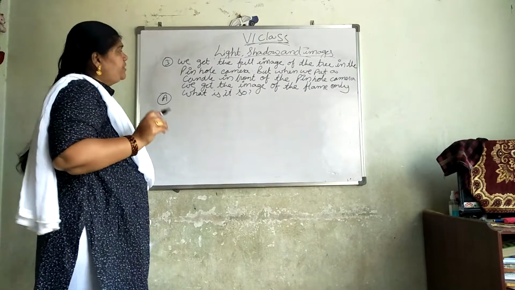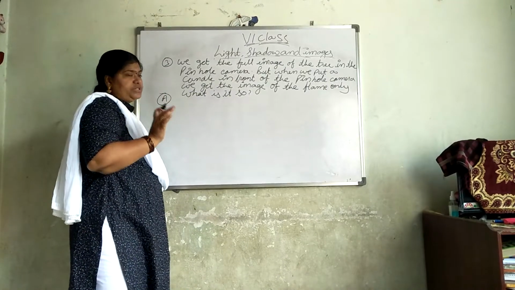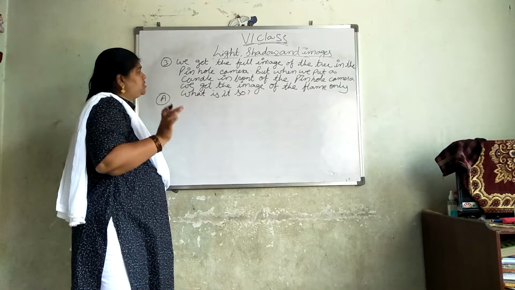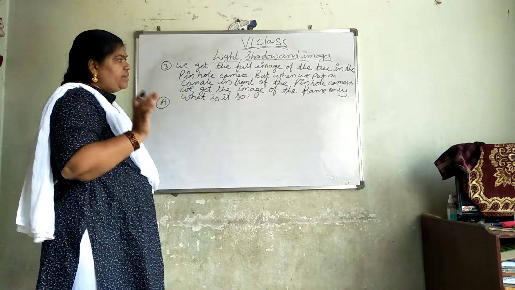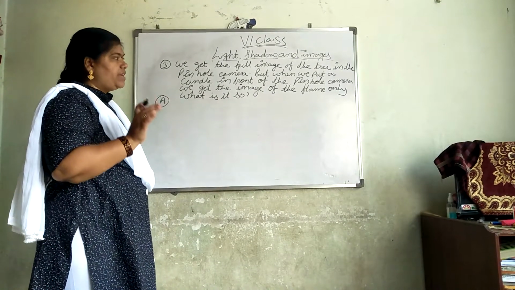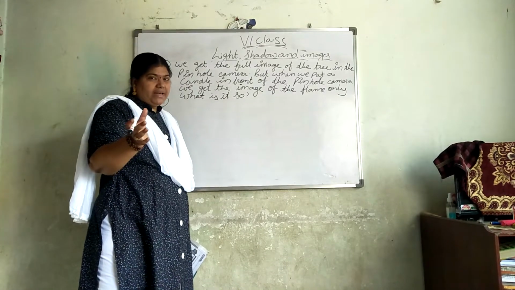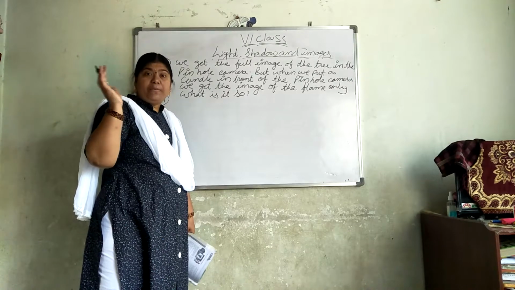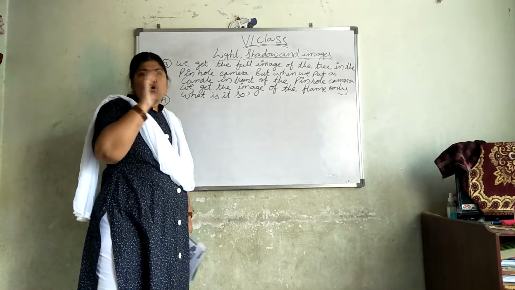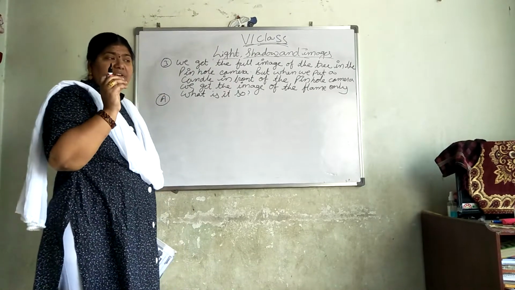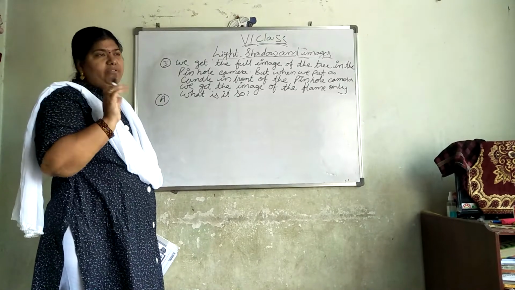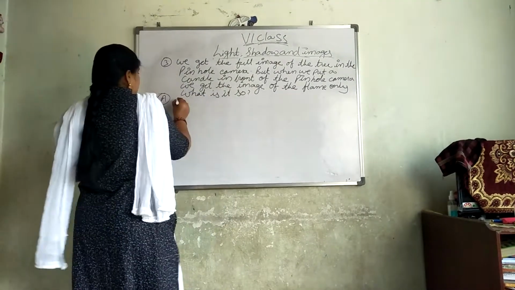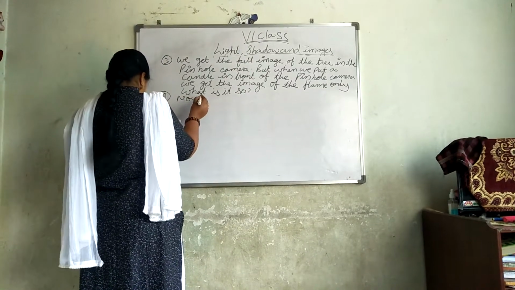See the question. We get the full image of the tree in a pinhole camera, but when we put a candle in front of the pinhole camera, we get the image of the flame only, but not the candle. What is the reason for this? When we look through the pinhole camera, even a big tree, we can see the whole tree. But when we take a candle, we can see only the flame, but we cannot see the lower part. What is the reason for that? He is asking. So let us write the answer now.